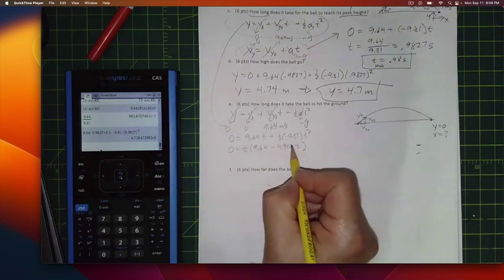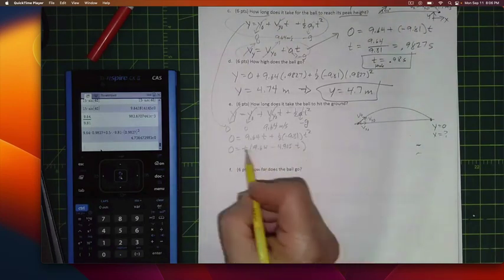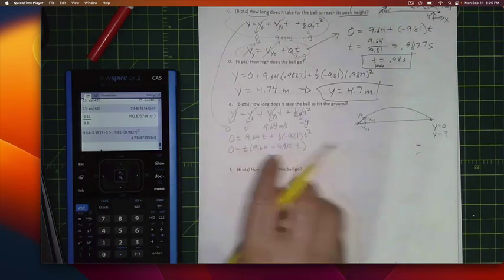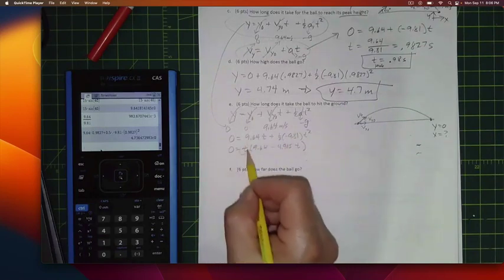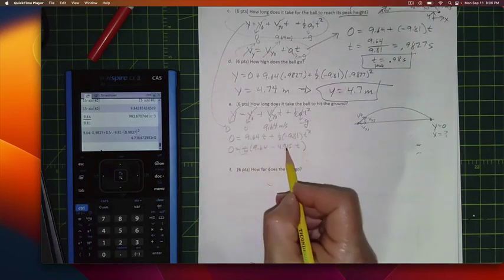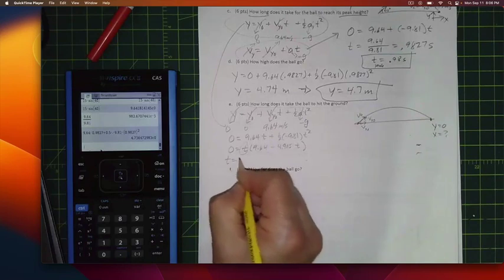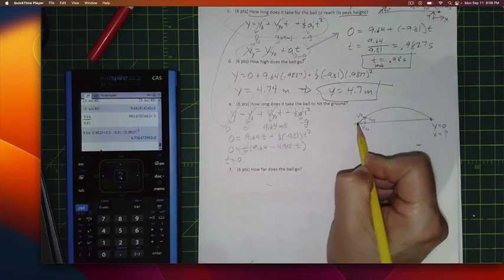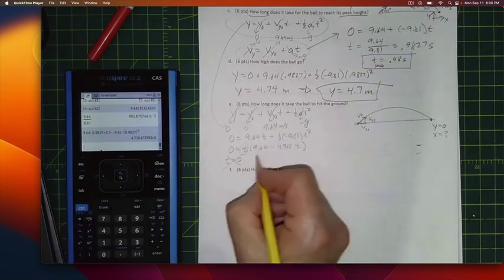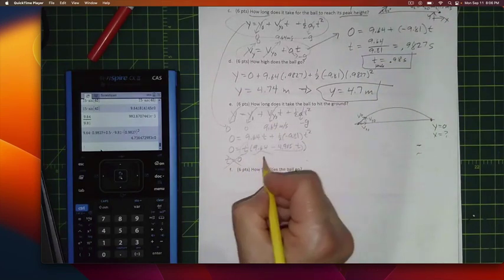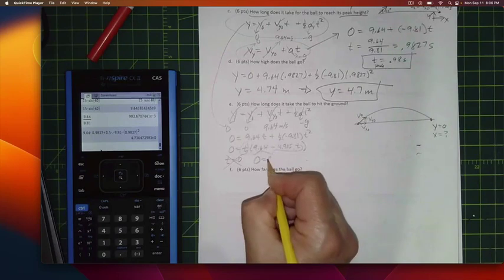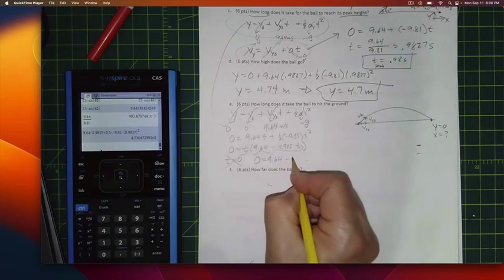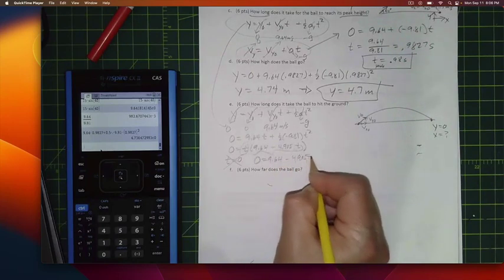And so, again, the way algebra works with factoring, if something times something equals 0, either the first something or the second something has to be equal to 0. So we get one solution that says t equals 0, which is talking about this point, which we already knew. We don't really care about that one. But now we're going to set this part equal to 0. So 0 equals 9.64 minus 4.905t.